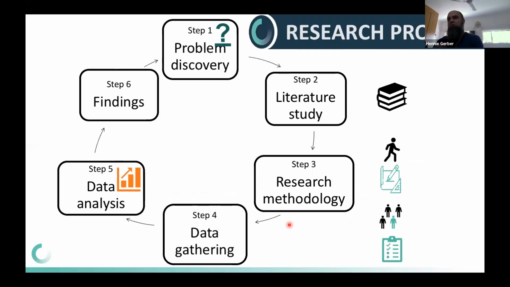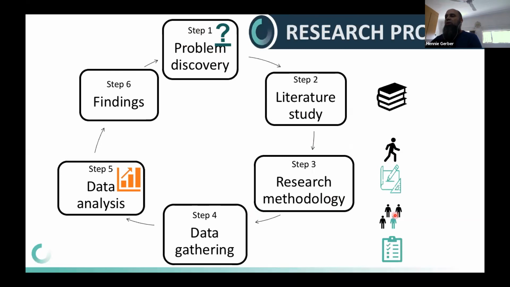Okay, let us look at the research process. We will look at problem discovery. We'll touch on the literature study, what you need to look at for the quantitative approach. We look at research methodology, the research approach, and the research type, the type of research design.